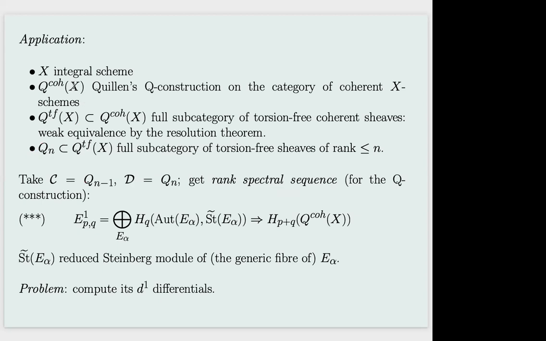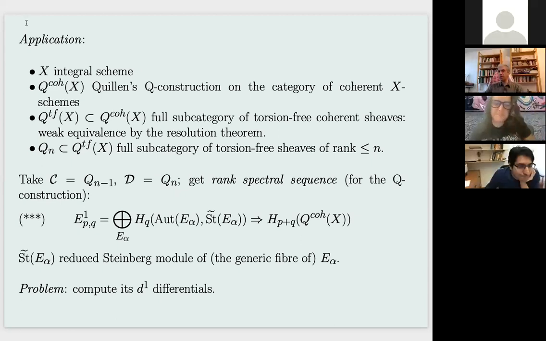Now in the application, I take an integral scheme X, and as an ambient category, I take the Q construction on the category of coherent sheaves of O_X-modules. Inside this Q construction, I have the full category made of coherent sheaves which are torsion-free, and by Quillen's resolution theorem, this is a weak equivalence on the classifying spaces.